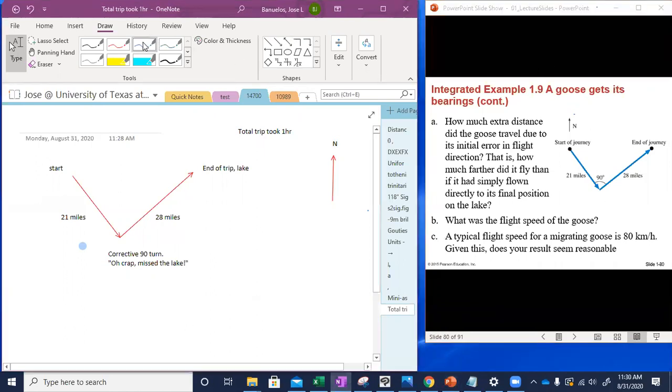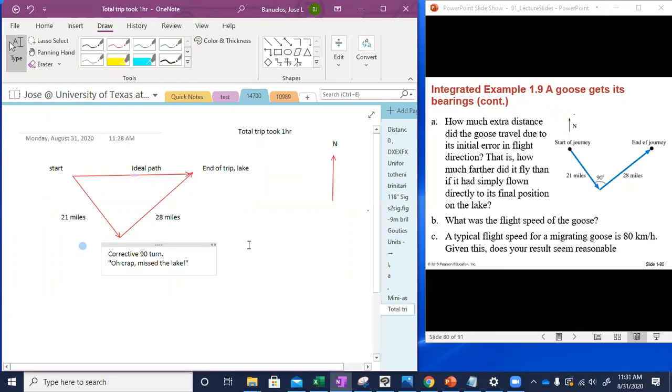In other words, if it hadn't messed up, the goose would have just gone from the start to the end and everything would have been fine. So this part here is like the ideal path. Instead of having gone down, you could have just gone straight from the start to the lake, and that would have been best.